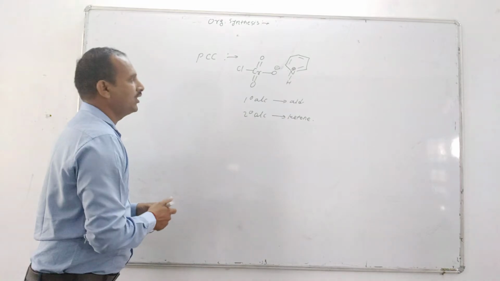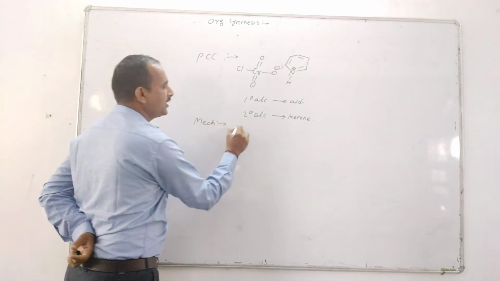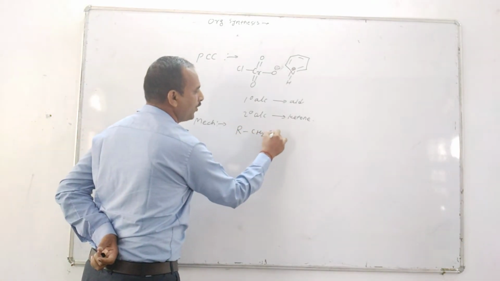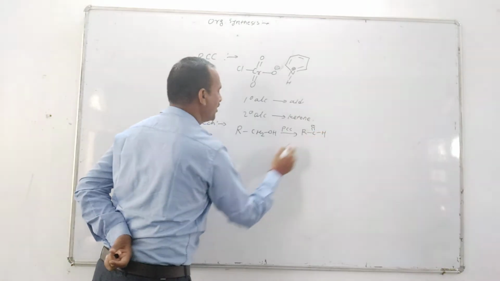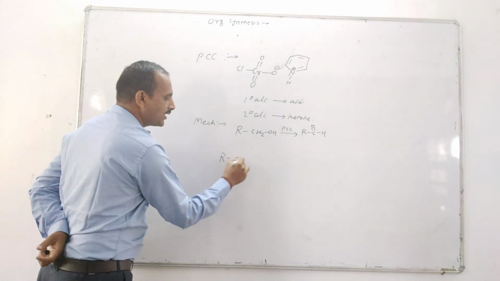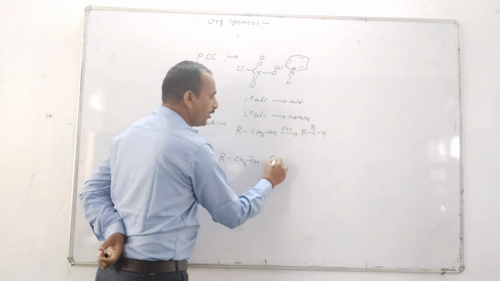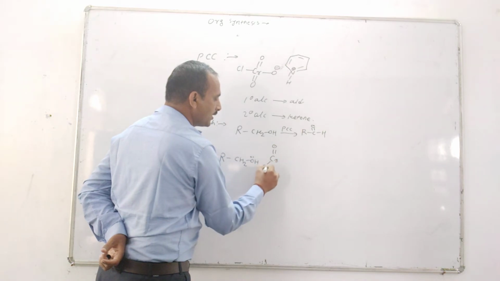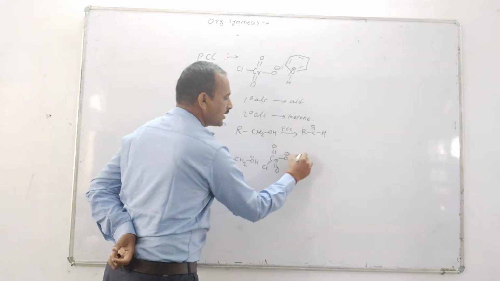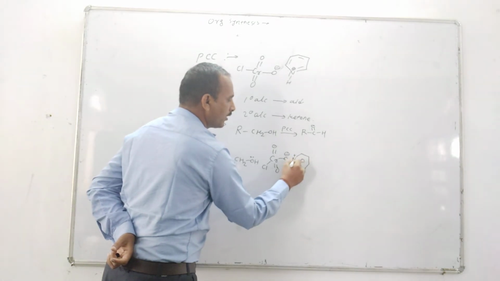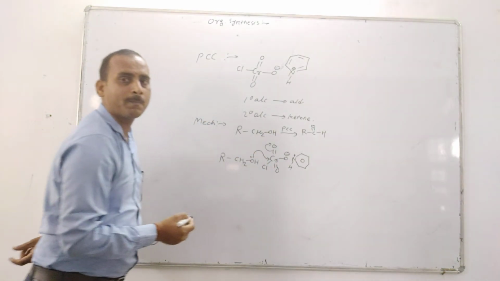Let's see the mechanism for the reaction. Let's see the general reaction. RCH2OH by PCC gets oxidized to aldehyde. Now for this alcohol RCH2OH, the lone pair attacks on chromium, and the Cr double bond O becomes O minus.